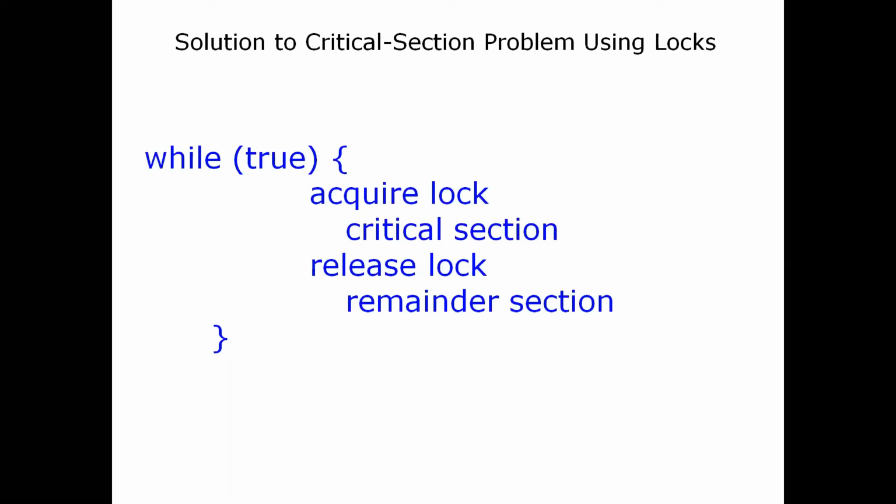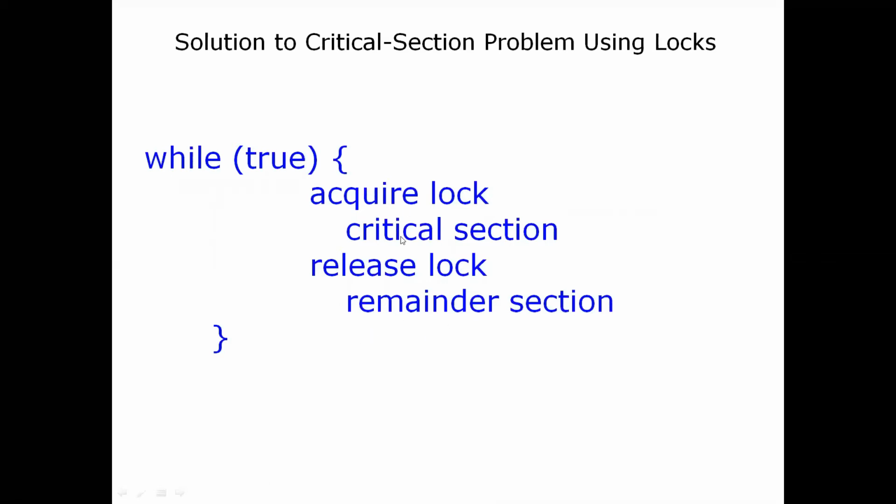After executing on that shared data, the process releases the lock. After completion of the critical section, the release lock statement gets executed, and then the process executes the remainder section, if there is any statement to be executed.